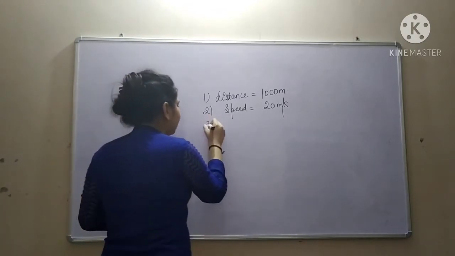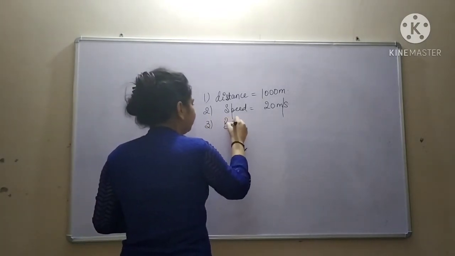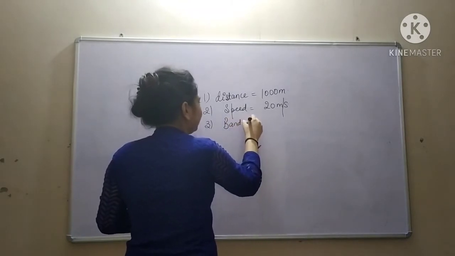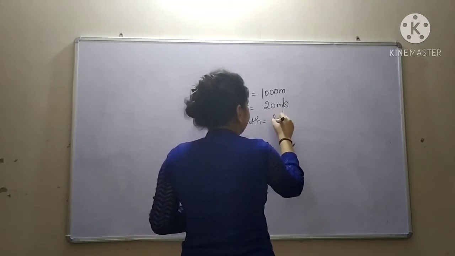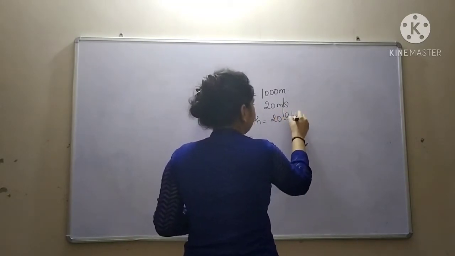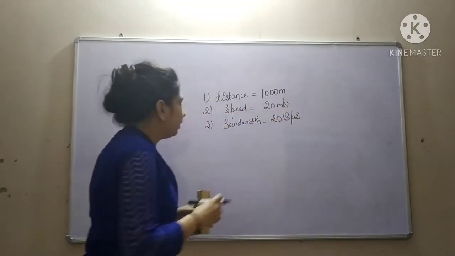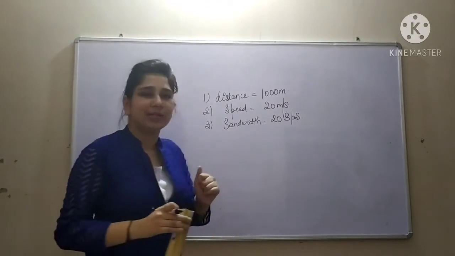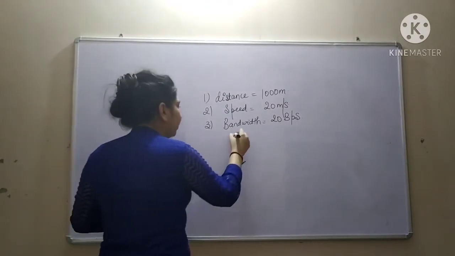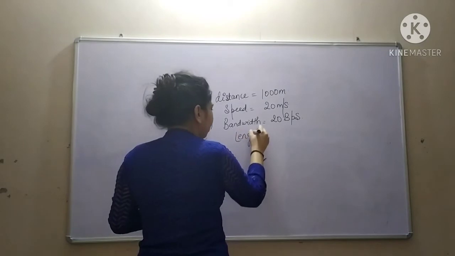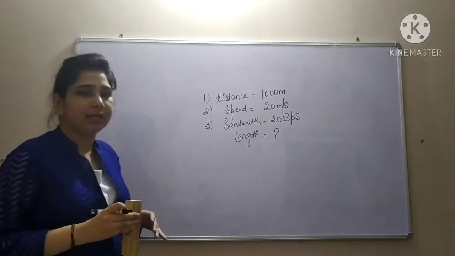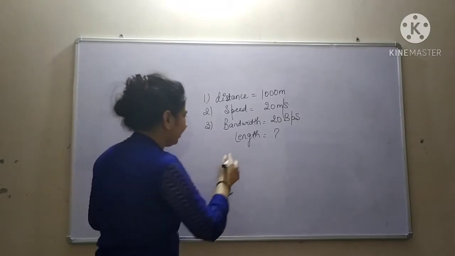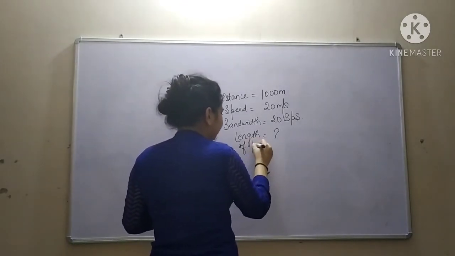And what is the bandwidth? The bandwidth of the cable is given as 20 bytes per second. So these are the three things which are given to us, and we have to determine the length of the packet.